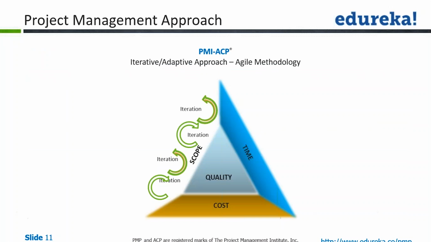You will define the different stages where you are going to do some work, reach a level, then include all the team members, the customer and all the important stakeholders, review that, take their feedback, take their input, and based on that you decide the scope, or the next iteration. So this is your agile methodology. This is your iterative or adaptive approach, which is the basis of your PMI-ACP examination.